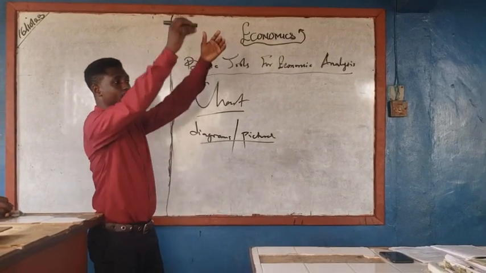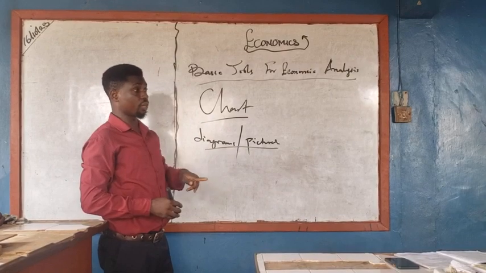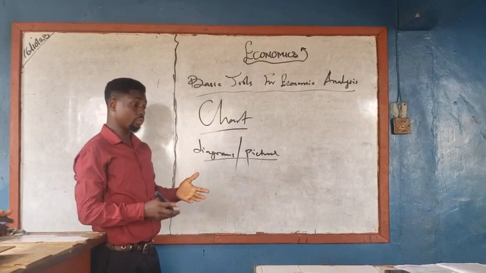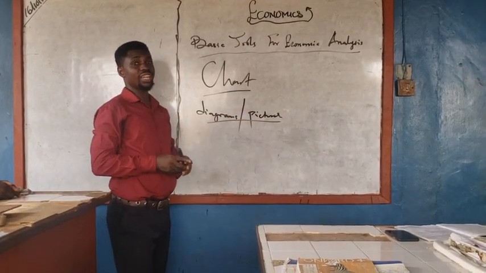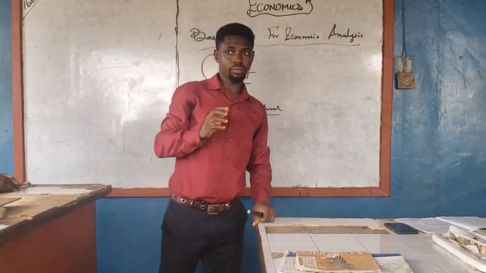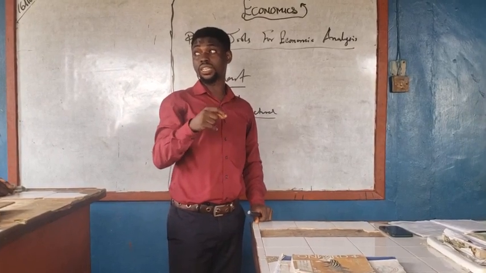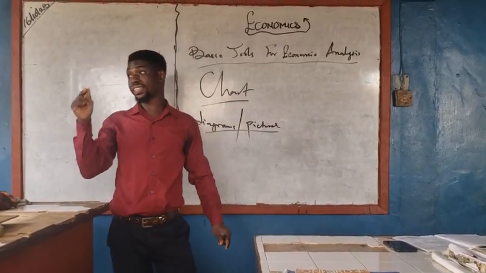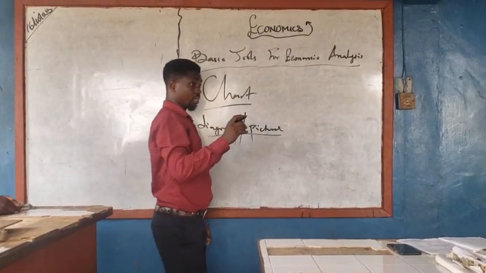So the information given to you, called data, you are going to present as an economics student or statistician in form of diagrams or pictures, so that an ordinary person can understand what you mean. Even if they don't understand your data, they can easily understand your interpretation of that data in form of charts. Do you understand? Yes, sir.